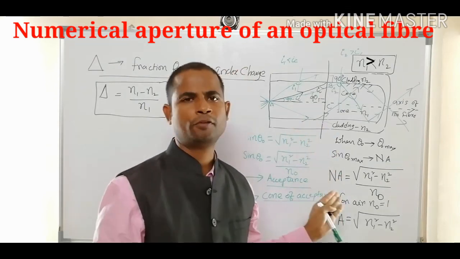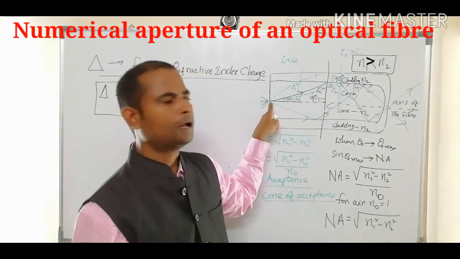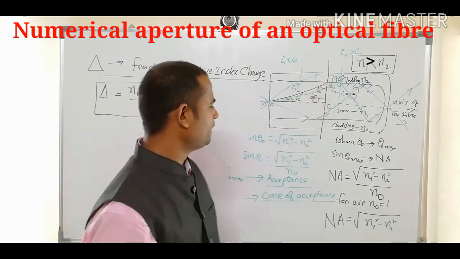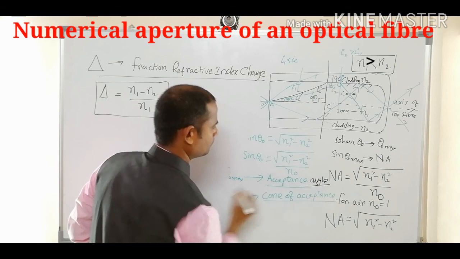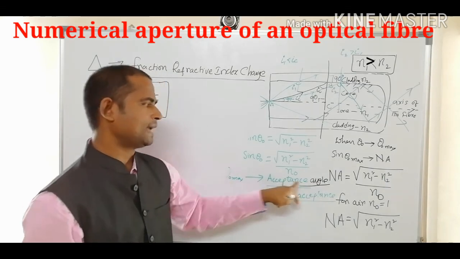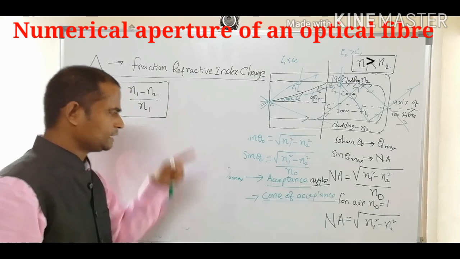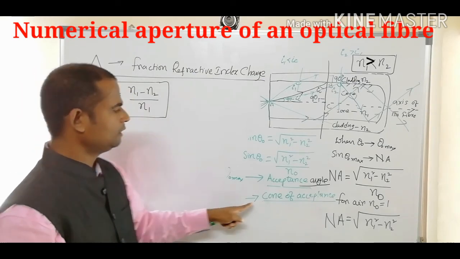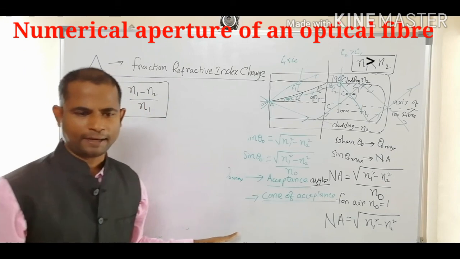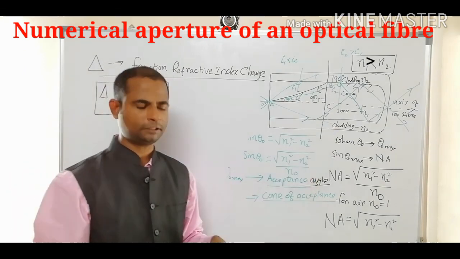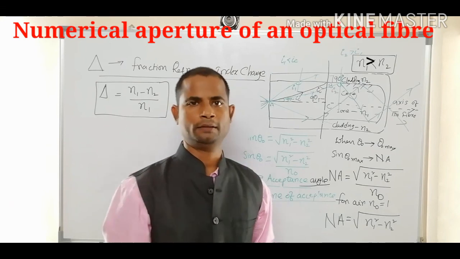We have seen the derivation for numerical aperture by applying Snell's law at two points, point A and point B. We have seen that theta naught max is known as the acceptance angle, and when you take the ray through 360 degrees of incidence orientation, a cone is formed, known as the cone of acceptance, within which when the ray of light falls, the light would suffer total internal reflection and the fiber will conduct light effectively from one end to the other end. Thank you very much.